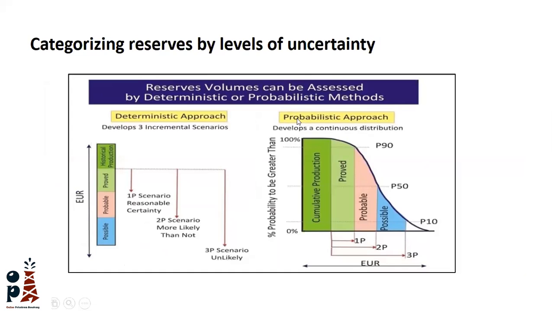The second way is called the probabilistic approach. This is made by Monte Carlo simulation. You put in your inputs and your output will be a range of probabilities. We have P90, which is called proved reserve, and at P50 you have 2P, proved plus probable, and at P10 the probability is called 3P, which includes proved, probable and possible.